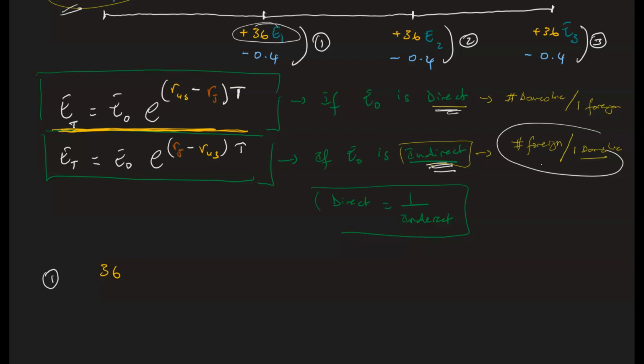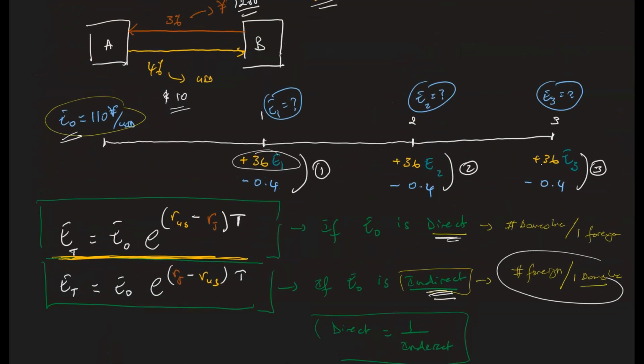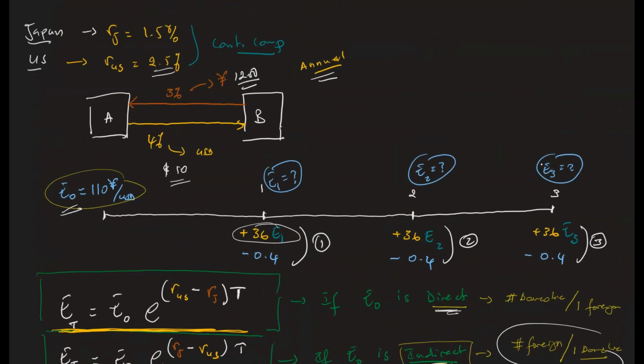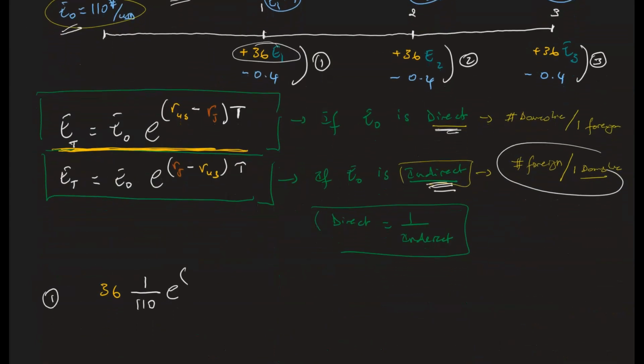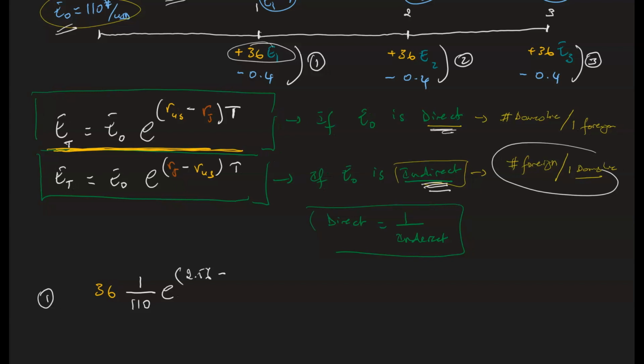E1 is going to be equal to my spot exchange rate, which is 1 over 110, multiplied by the exponential of my domestic interest rate. The domestic interest rate is 2.5%, that's the US dollar, minus the foreign interest rate, which is 1.5%, for a period of 1 year.